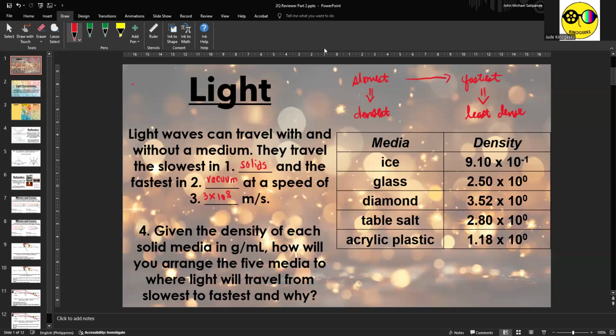Because all of them have 0 as their exponent, we have to rely on the coefficient. And the densest of the 5 happens to be diamond, followed by table salt, and then glass, and then acrylic plastic, and the least dense of the media, where the light will travel the fastest, is ice.